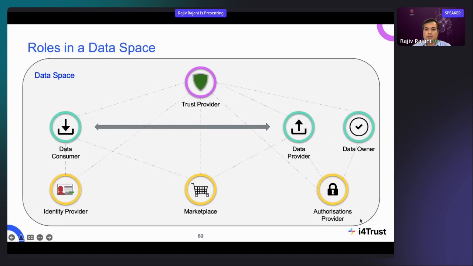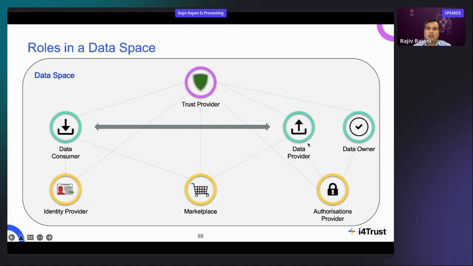And on the bottom you see the essential services, basically identity provider and authorization provider. And in iForTrust we also bring a very relevant service called the marketplace, which allows data owners and data providers to publish their data sets on the marketplace, and data consumers to find them, so they can procure rights to get access to that data.